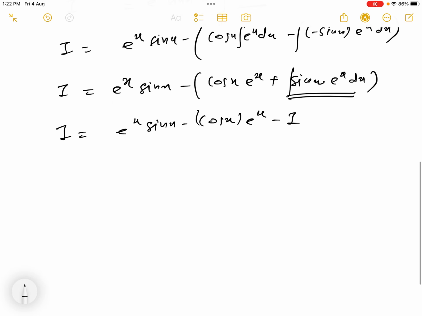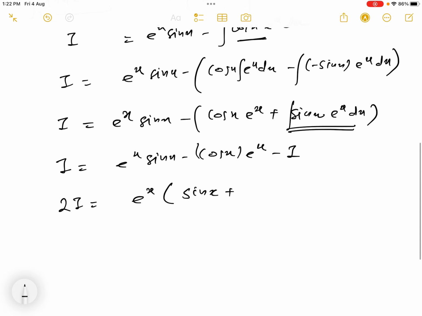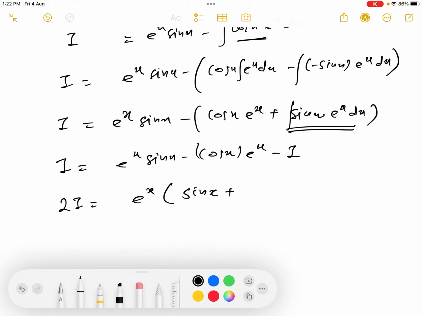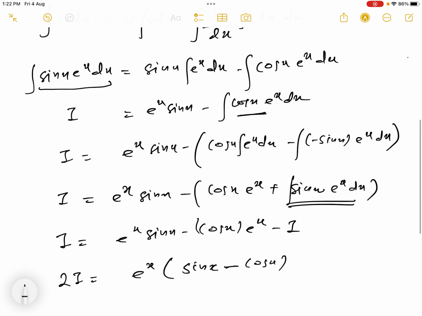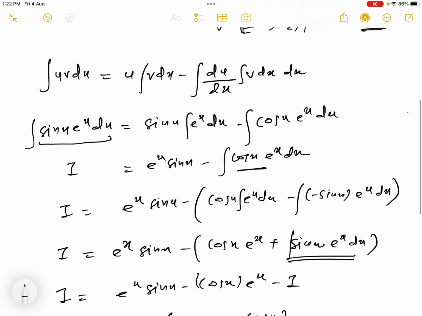So now we'll shift the I to the left hand side of the equation. We'll get 2I equals e power x into sin x minus cos x plus the constant of integration.